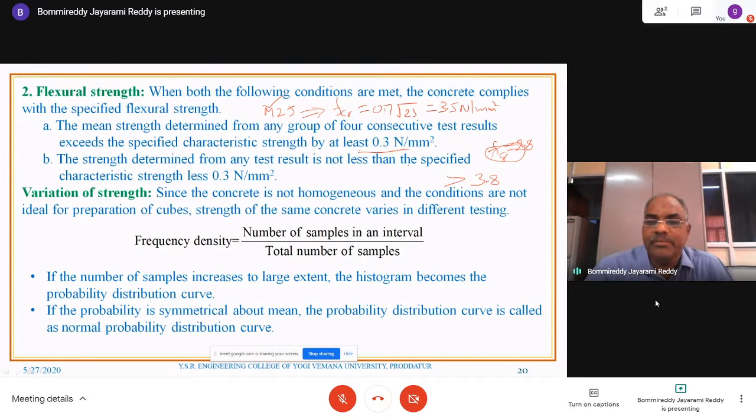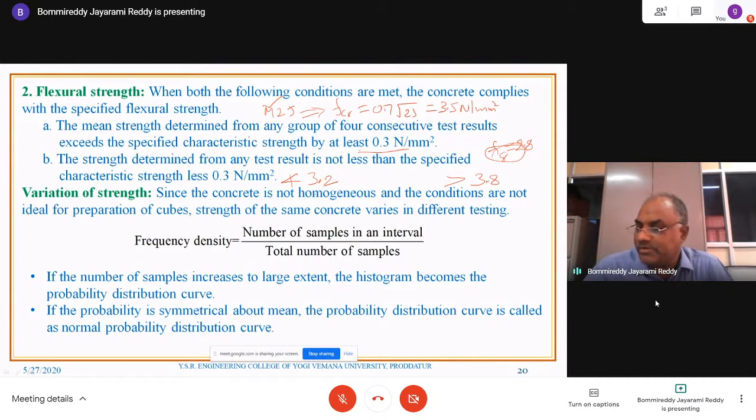And at the same time, individual members should not be less than the value minus 0.3. That means it is 3.5. Any individual result should not be less than 3.2. What is this 3.2? 3.5 minus 0.3, it is 3.2.